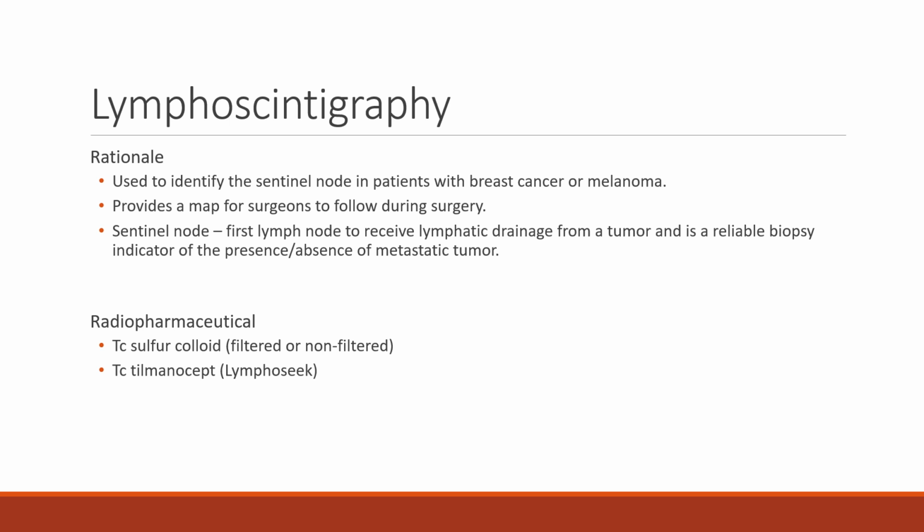all you're doing is looking for the sentinel node. You're looking for that first lymph node that the tumor is going to drain to, because that's how the tumor is going to spread. And you biopsy that node, and that gives them a lot of information on whether that tumor has started to spread, is likely to spread, and it determines the treatment plan, right?